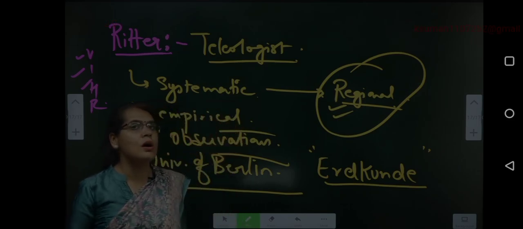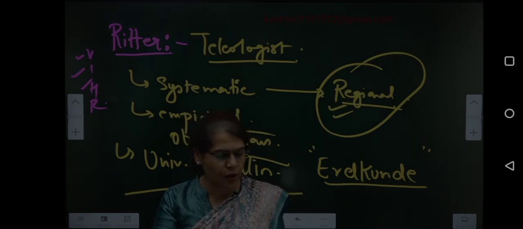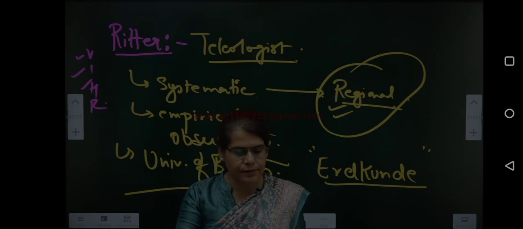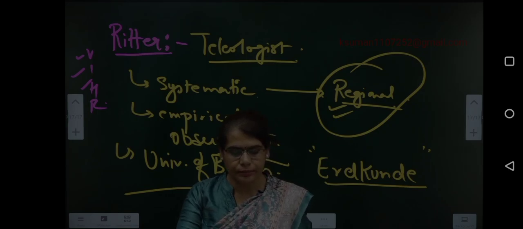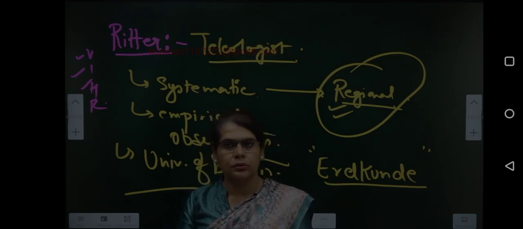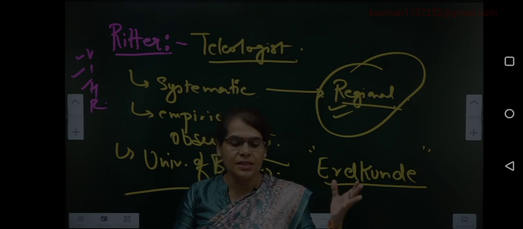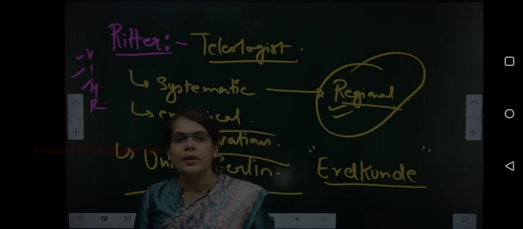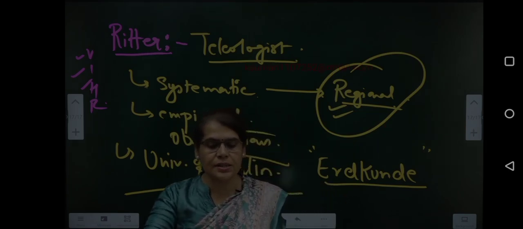And his important work was published in the name of Erdkunde, or the earth science, which deals with the local conditions and focuses on the different attributes of the place in terms of topography, minerals distribution, distribution of plants and animals, and human characteristics.